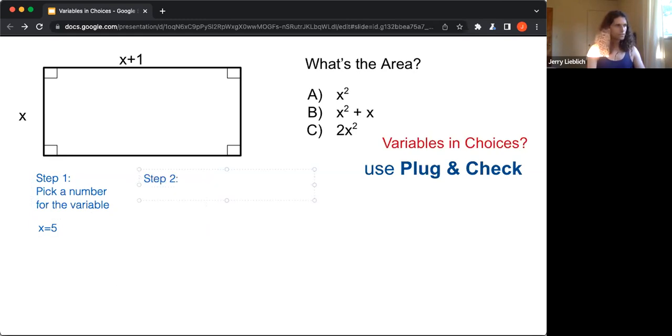Step 2, I'm going to solve using that number and find my target. So I'm no longer worried about X and X plus 1. I'm going to forget these are even here, and instead rewrite this as 5 and 6. My area is going to be 5 times 6, which is 30. 30 is now my target value.